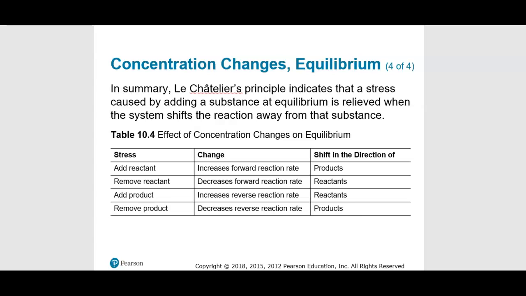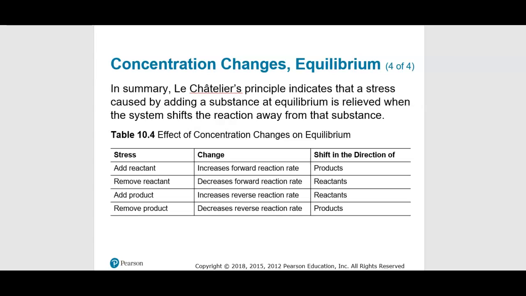So here's a slide that is undoubtedly in your text. Yeah, it's on page 336 of your text. I don't know where it is in the e-text, how they work that. But you add reactant, you increase products.